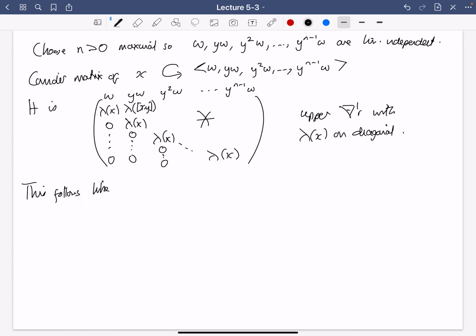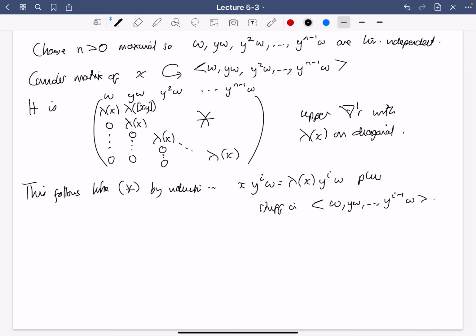Just like star, you have to work out how x acts on y to the i w, and you find that it's lambda of x, y to the i w, plus stuff in the span of the earlier guys, w, y w up to y to the i minus 1 w, right? So that's just a simple induction on i, just like we derived star.